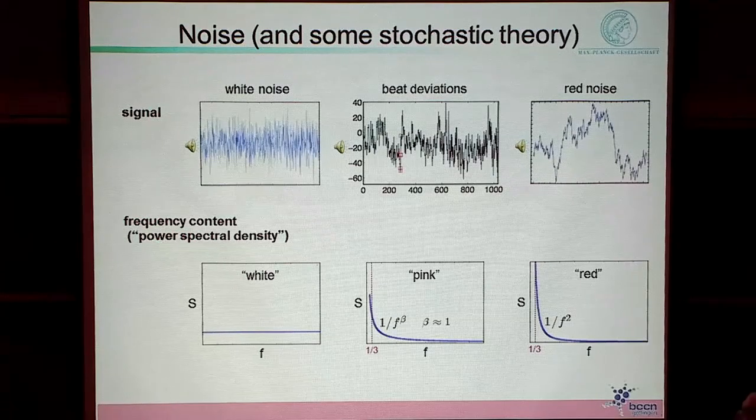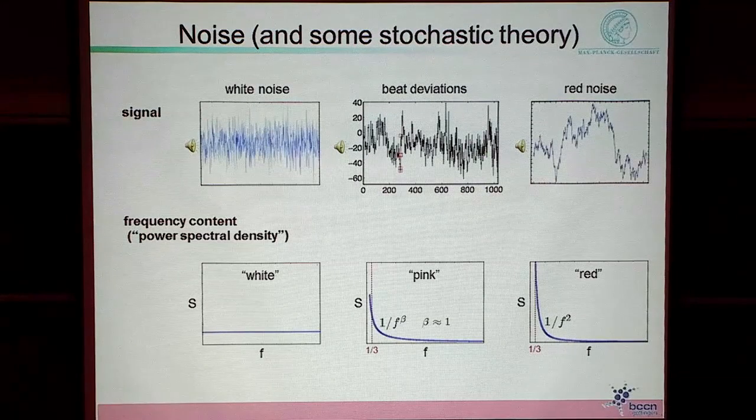You might also call it the frequency content: you analyze which frequencies are contained in such a signal. Then this red noise signal has more low frequencies than the white noise, and this here is somewhere between red and white noise.